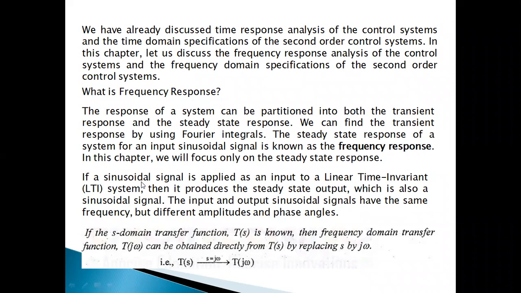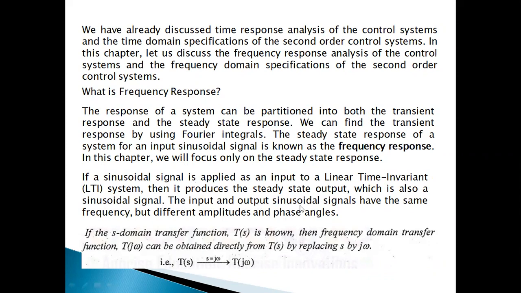If a sinusoidal input is applied to a linear time invariant system, and all the systems till now that we have considered are linear time invariant systems, then it produces the steady state output, which is also a sinusoid.